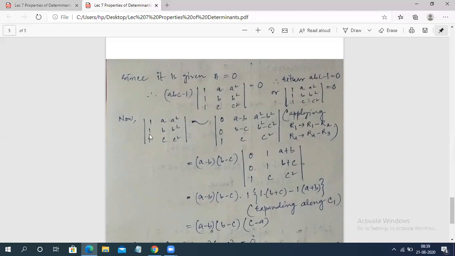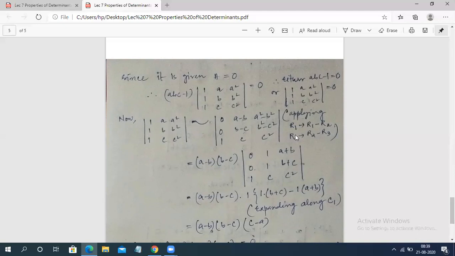Suppose 1, a, a square; 1, b, b square; 1, c, c square. Again we are transforming this determinant by elementary transformation rules, those properties. We change R1 as R1 minus R2, and R2 as R2 minus R3.